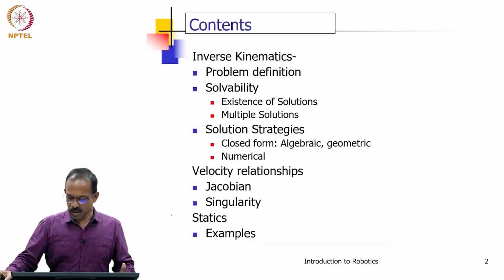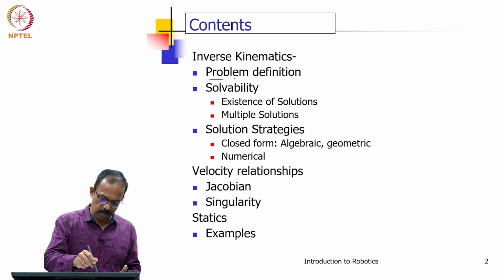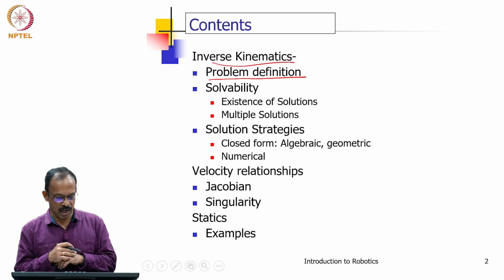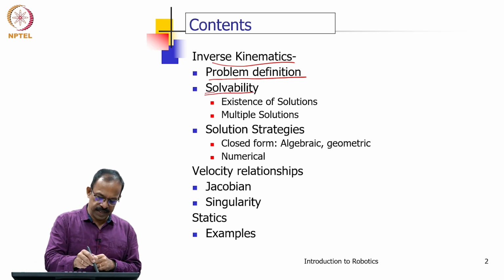I briefly explained to you what the inverse kinematics problem is. So, we will see the details of this problem and how that can be solved for manipulators. What we are going to cover is basically the problem definition. We will try to define what the inverse kinematics problem is all about, and then we will see something called solvability.